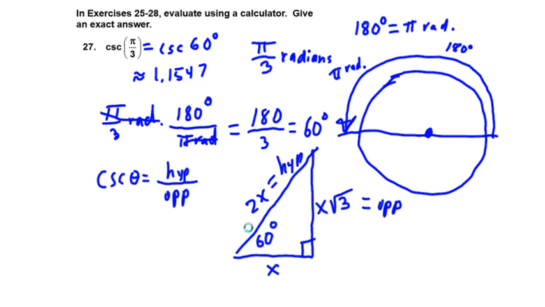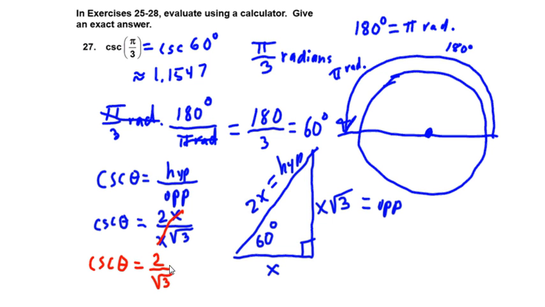But to find out exactly what it is, we take the hypotenuse over opposite, and our hypotenuse is going to be 2x, and our opposite is going to be x square root of 3. So x over x are going to cancel each other. Cosecant theta is going to be 2 over square root of 3.